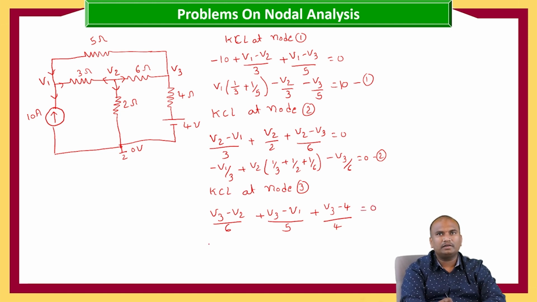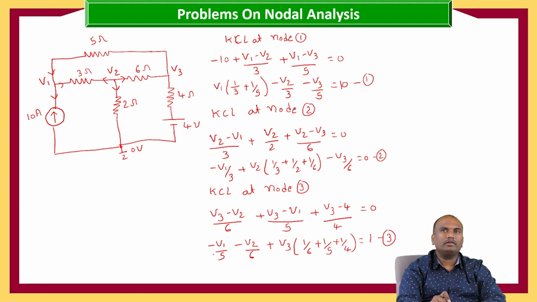Here if we take minus V1 by 5 minus V2 by 6 plus V3 into (1 by 6 plus 1 by 5 plus 1 by 4) is equals to 4 by 4, 1. This is our equation number 3.